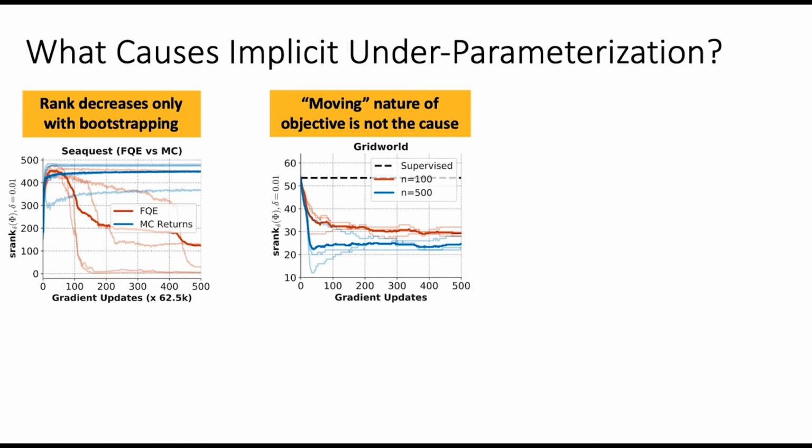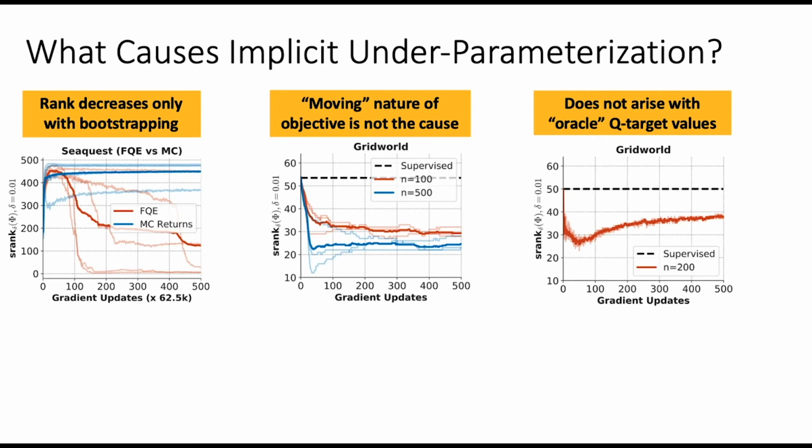This removes the effect of the moving nature of objectives on Q function training. Even after removing this issue, we did find that rank does collapse, indicating that there's something to the fact that the objective uses the previous Q function, and that is one of the primary causes behind the rank collapse issue.